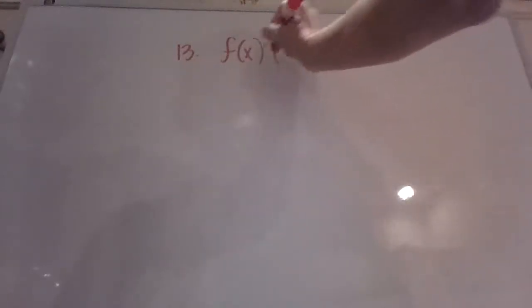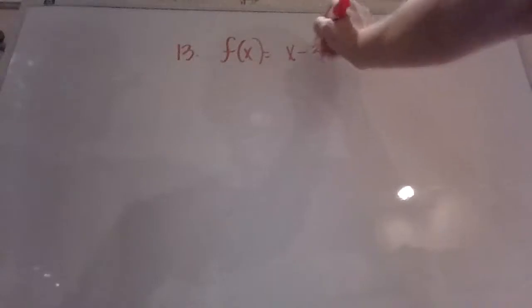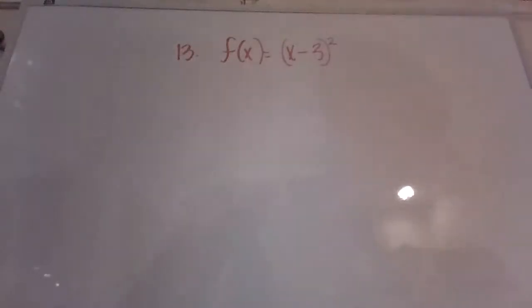Number 13 states f of x is equal to (x minus 3) squared.